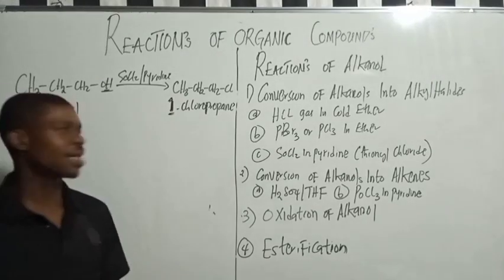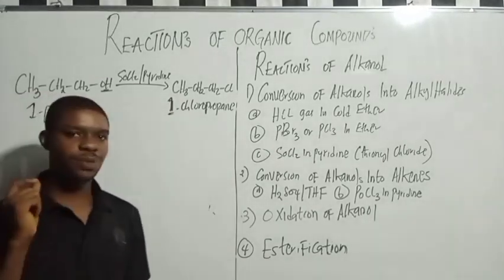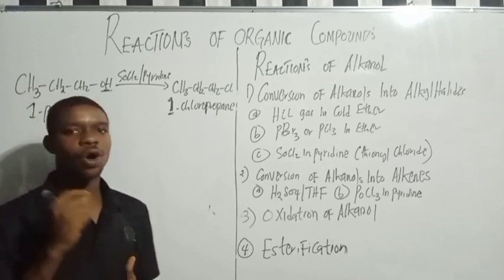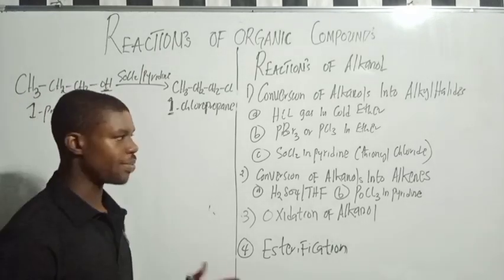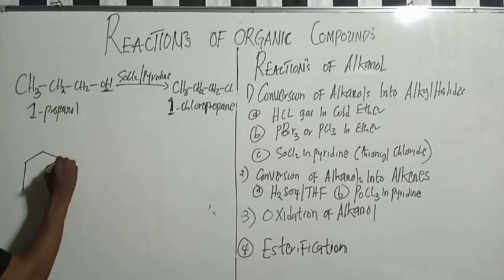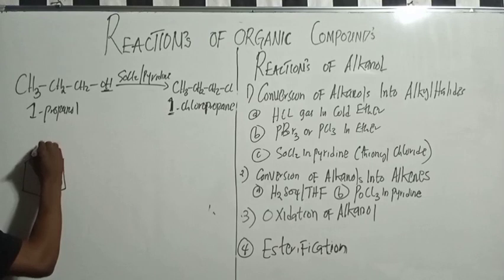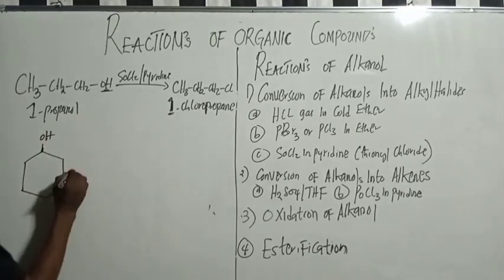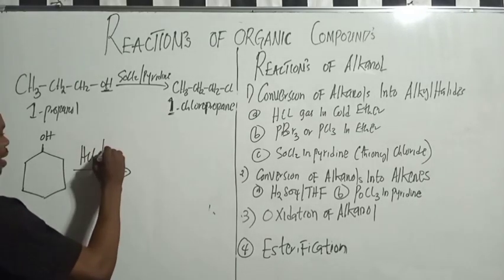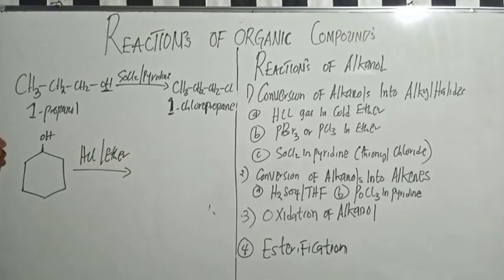Another thing you must understand is that for every product you give, you must give the name of that product. It's very important. That is why you need to master the nomenclature of organic compounds. So, if for example here I have something like this, what will be the product when HCl reacts with it?